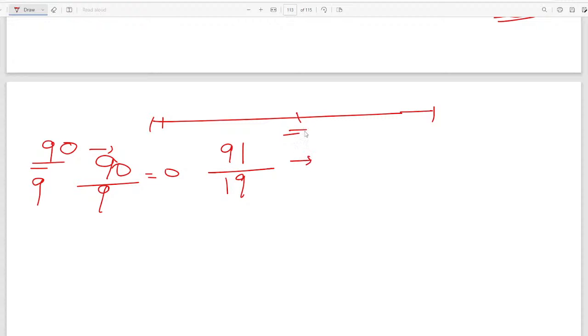Now in this case, 19 into 4 is 76, 19 into 5 is 95. 19 into 4 is 76, 91 minus 76 is 15. 91.